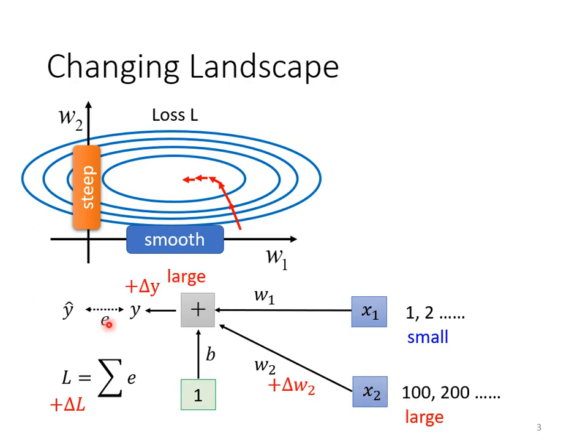A great change in Y produces a great change in E, and a great change in L. So the error surface is steep in the direction of W2 compared to other directions. Let's conclude the discussion. We discovered that if the magnitude of some dimensions' values is large, while the values are small for other dimensions, then the error surface has a bad behavior, in the sense that the magnitude of the slope varies a lot between different directions.